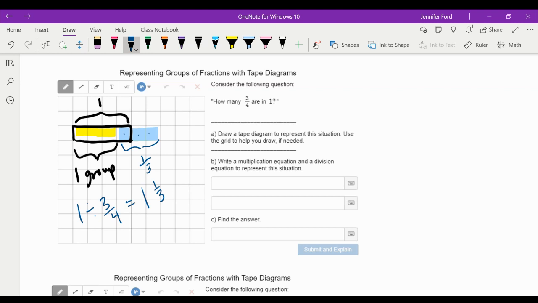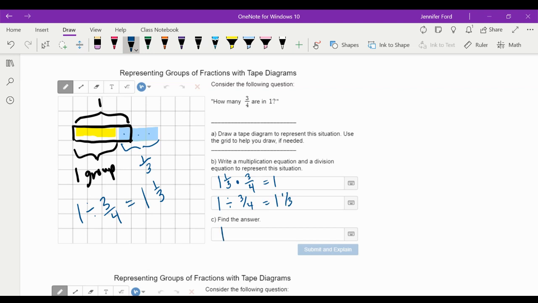All right, so a multiplication equation would be 1 and 1/3 times 3/4 equals 1. And then a division equation, 1 divided by 3/4 equals 1 and 1/3.